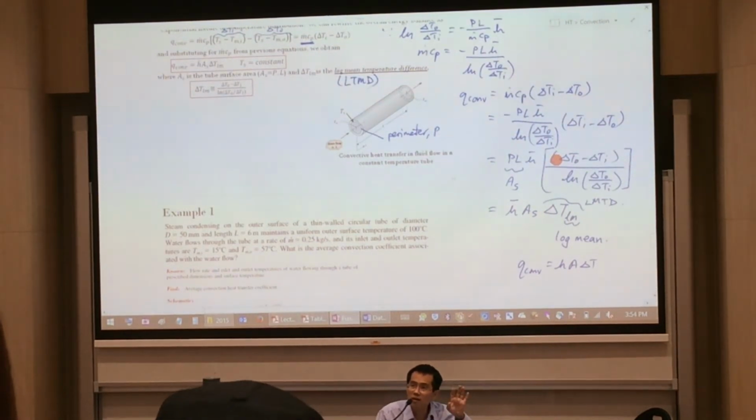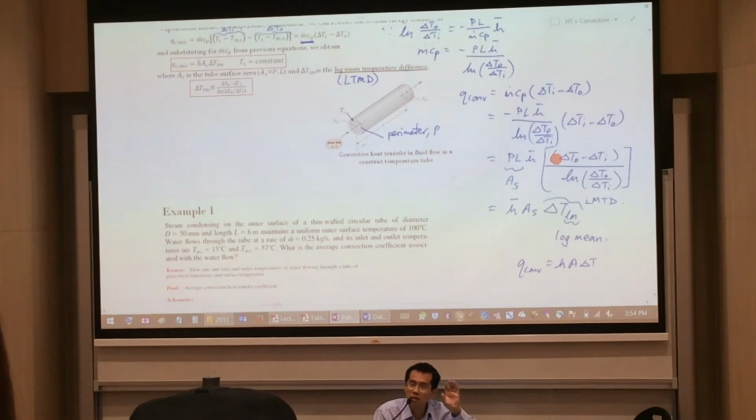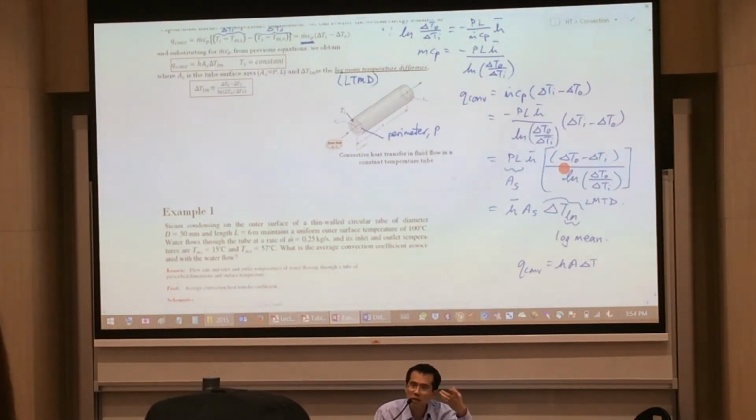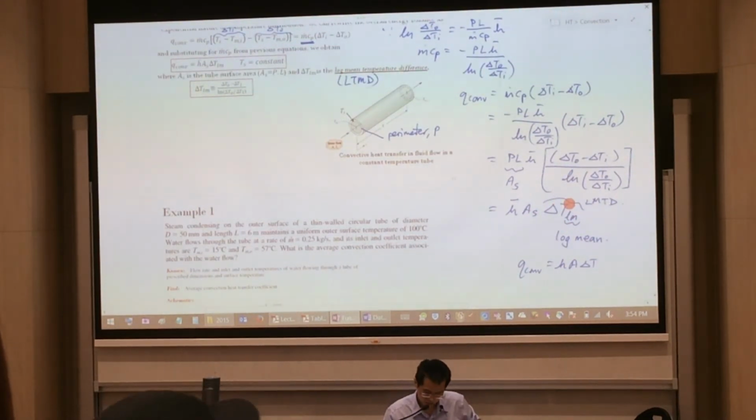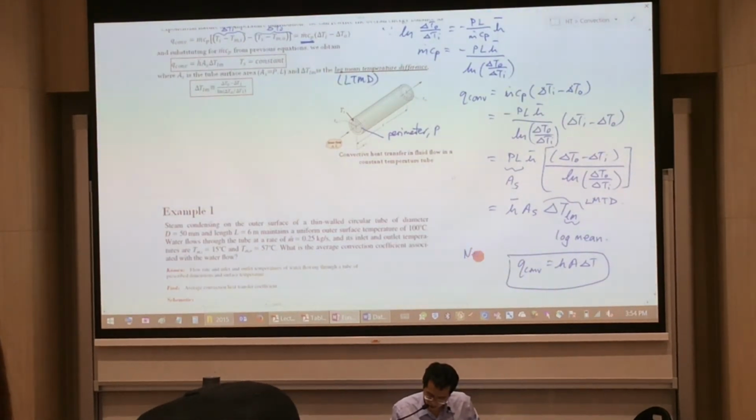It's only then that the heat that we calculated would be truly the amount of heat that's transferred to the fluid. We can't use a localized h value. So that's what LMTD is trying to tell us. So this is your Newton's cooling law.